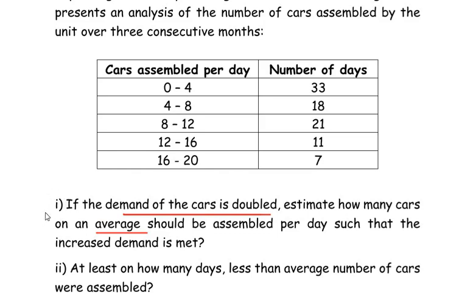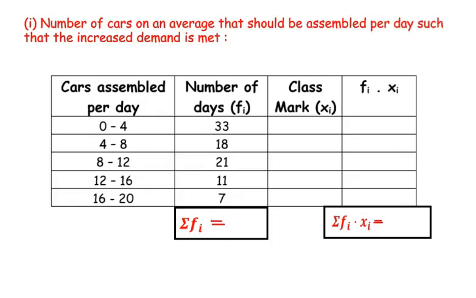So let us concentrate on the sub-question 1 first. So the number of cars on an average that should be assembled per day such that the increased demand is met. So for that I have drawn the table, and since we are finding the mean and this is a grouped data, as you can see, we have made groups of 4. We have to find out the class mark, which is xi, and then we have to multiply fi times xi.